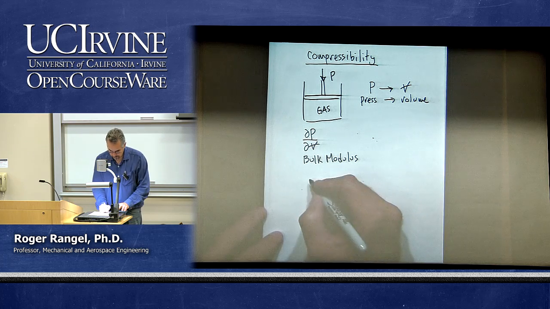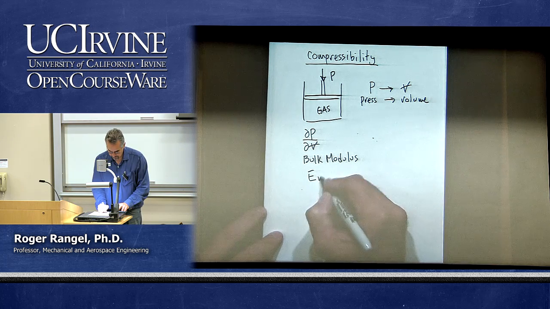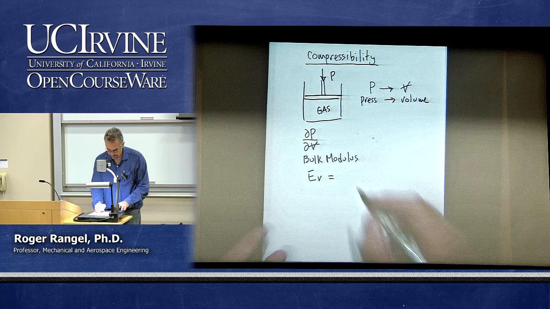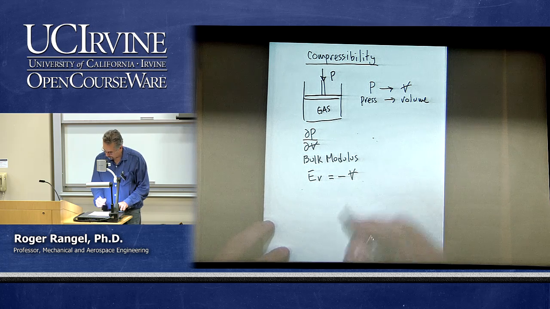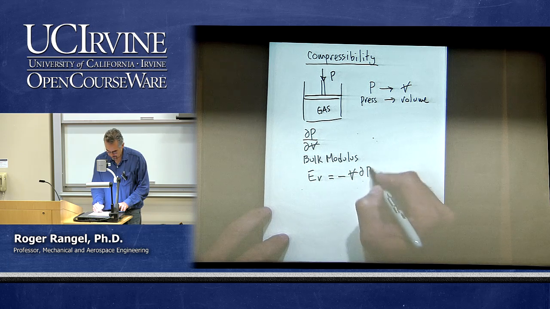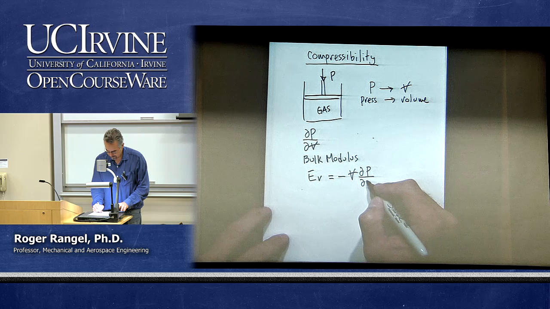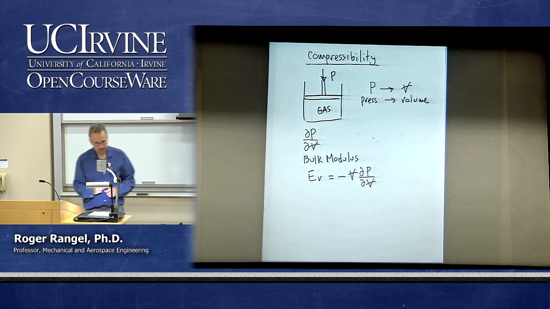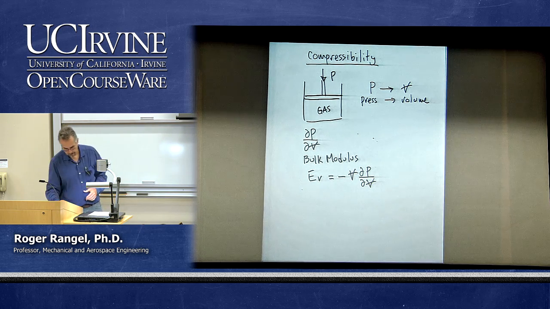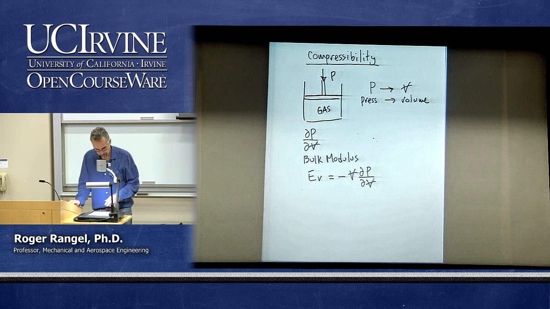The bulk modulus, let's call it E sub V, is simply defined as negative volume times dP dV. And that's a way to measure compressibility.